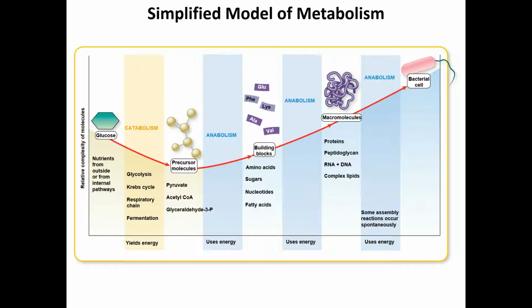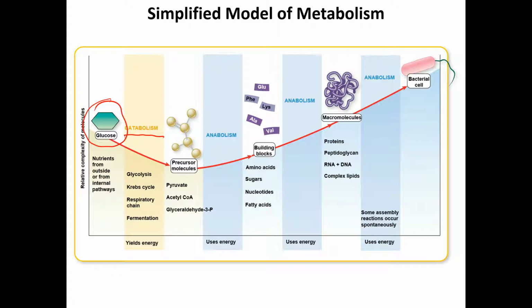For instance, here we have glucose entering a cell. Now this glucose molecule has potential chemical energy. This potential chemical energy has to be captured in some way, it has to be freed. So it goes through a process that we call catabolism.